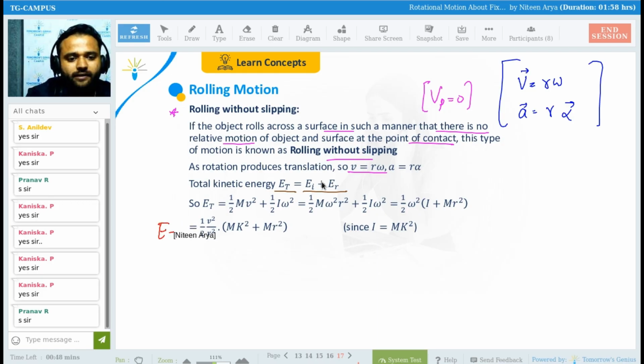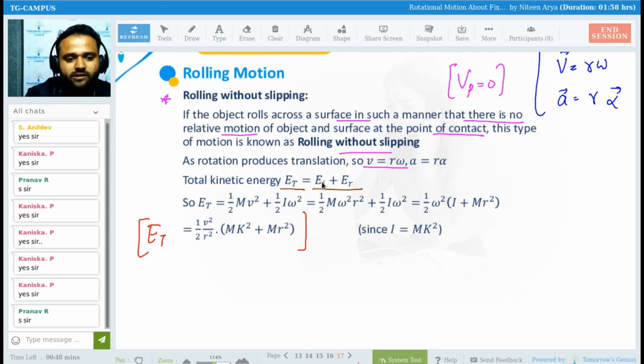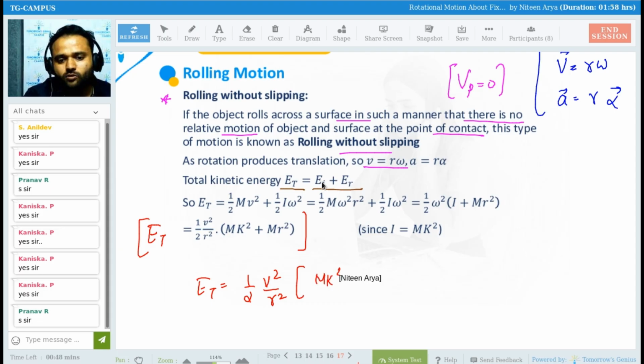Okay, total kinetic energy, rewriting everything: 1/2 v², r² plus mk², plus mr².